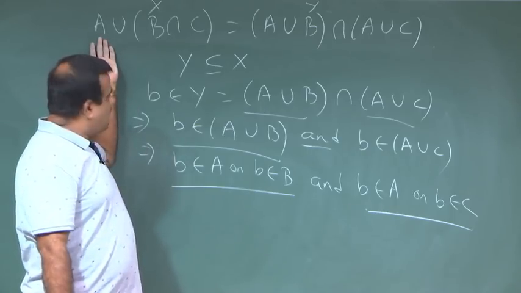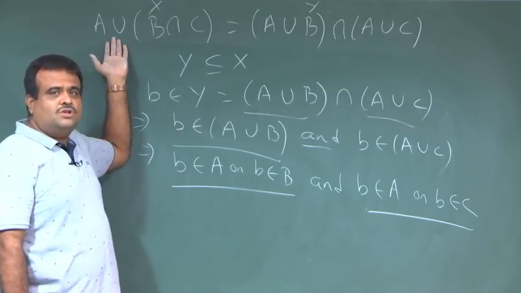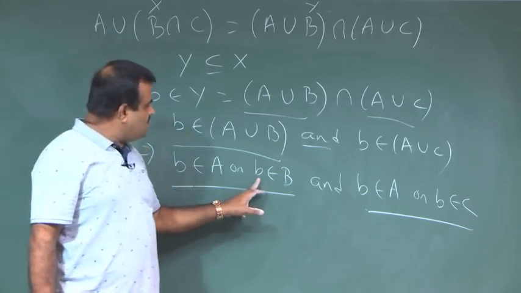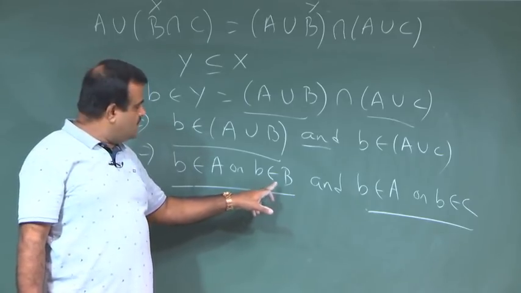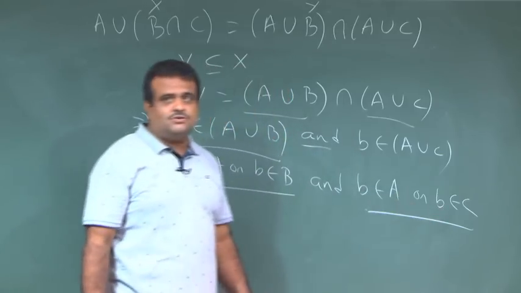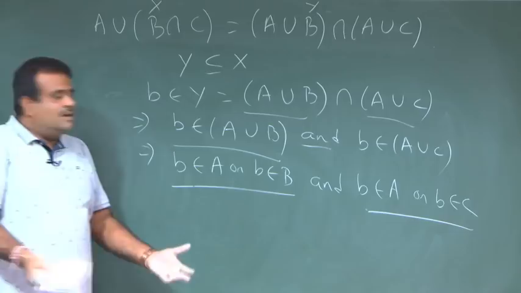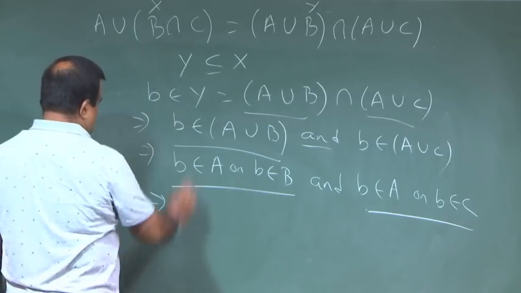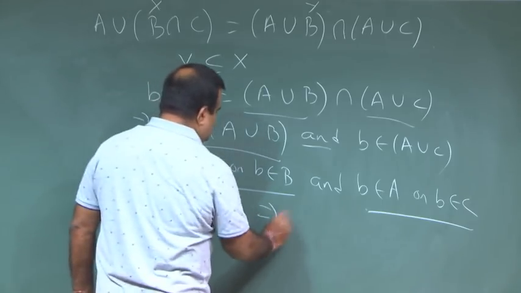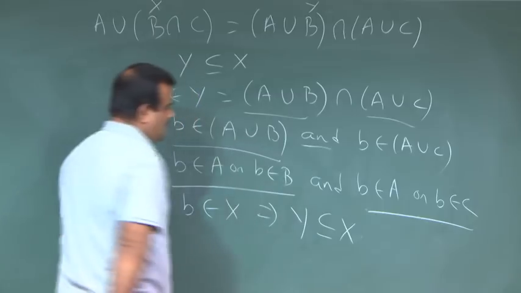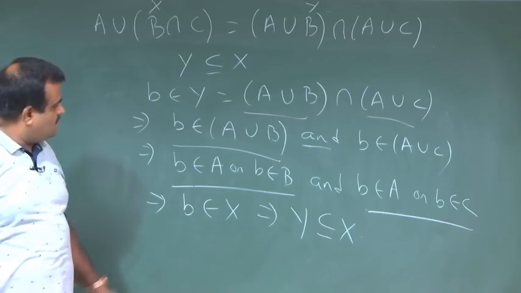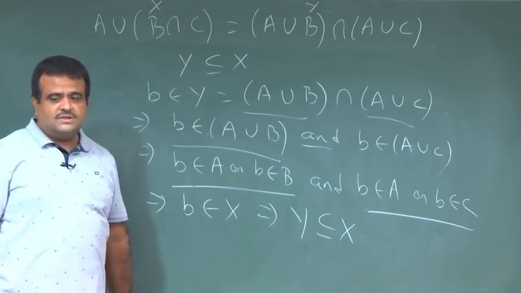So, if b belongs to A, then b belongs to this union. Otherwise, if b does not belong to A, then b must belong to capital B, and also b must belong to capital C. So, in both the cases, this b belongs to X. So, that means this implies Y is a subset of X. Hence we prove these two sets are equal.